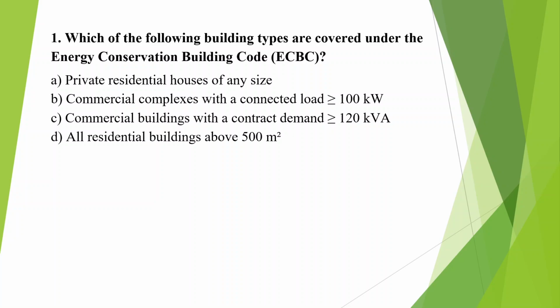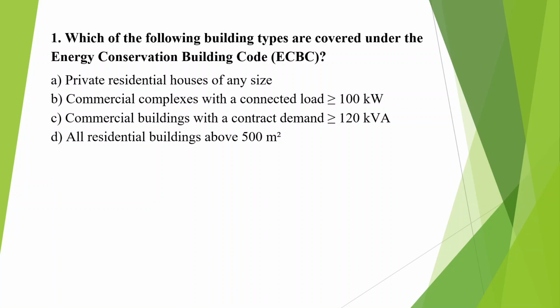Rather, residential buildings are covered under Eco Niwas Samhita. That's why option A gets discarded, and only option B and C, which talk about commercial buildings, are considered under this ECBC code.